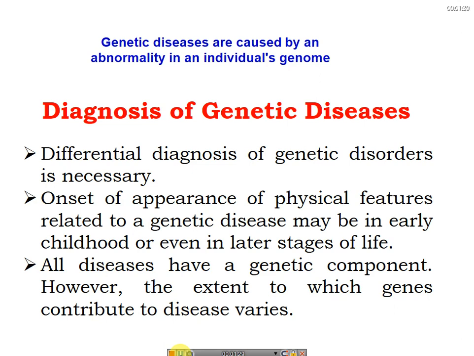Sometimes the symptoms start appearing from the very start of the individual's life, and sometimes after attaining puberty, or after giving birth to a baby. So it can be any stage, either early or late in life, when these physical features related to a genetic disease can appear in an individual.